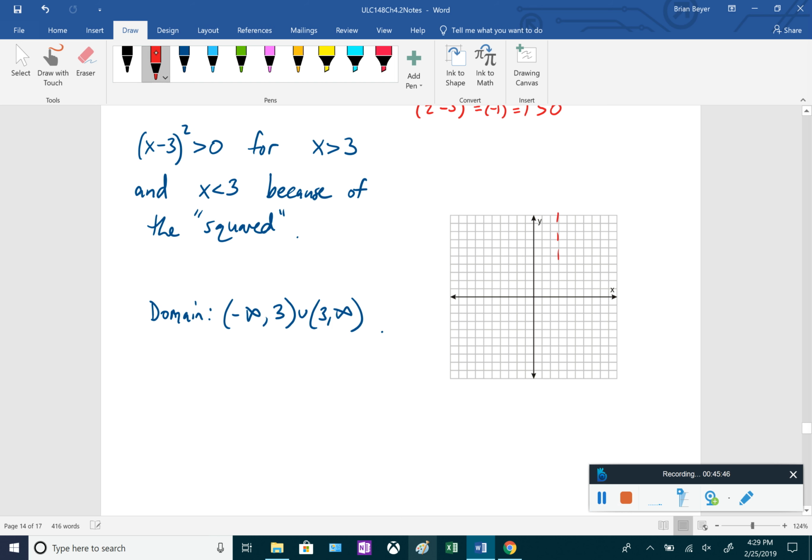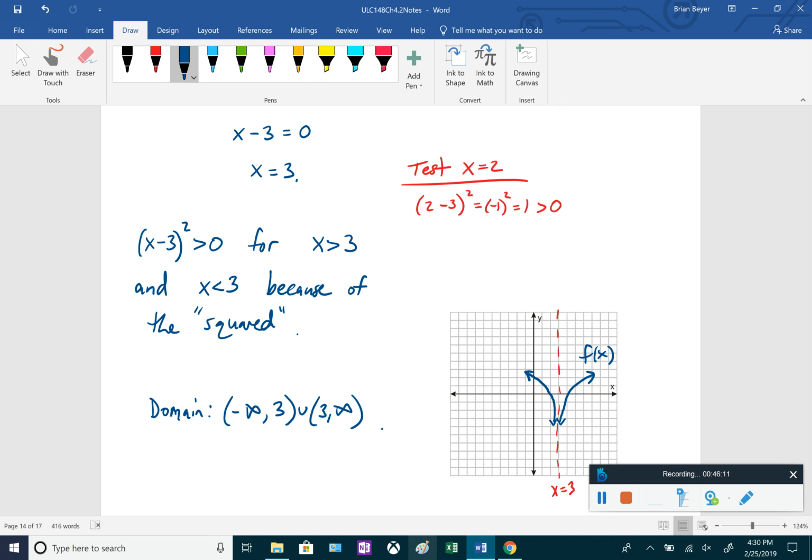So if we were to graph this, there's actually a vertical asymptote at x equals 3. This would actually look something like this. So it would actually be on both sides of that asymptote, which is something that we haven't seen up to this point. But the fact that there's a squared there, that's what makes this happen.